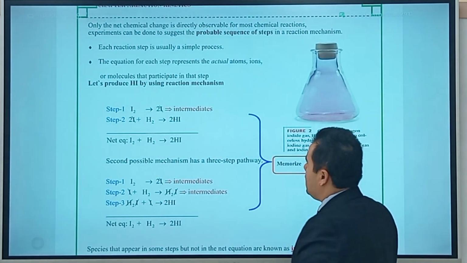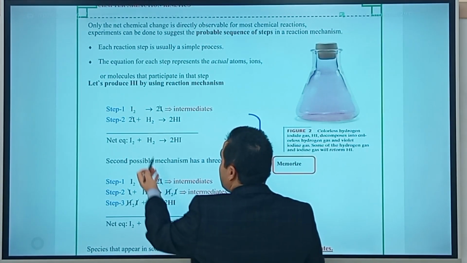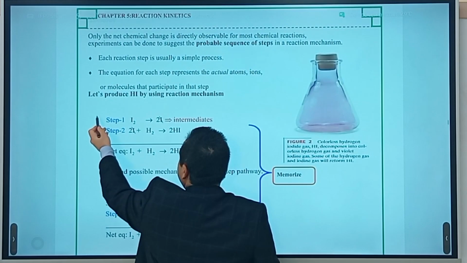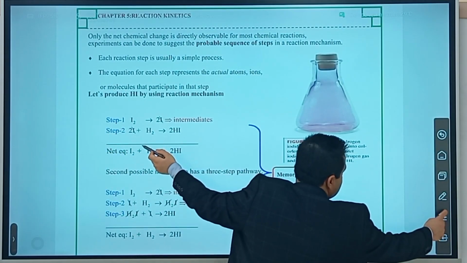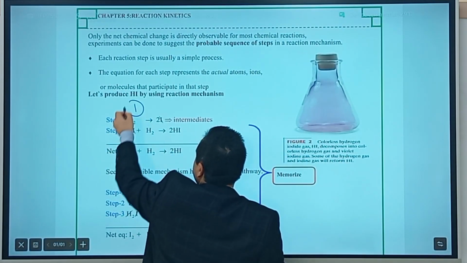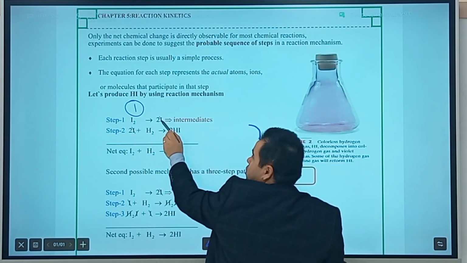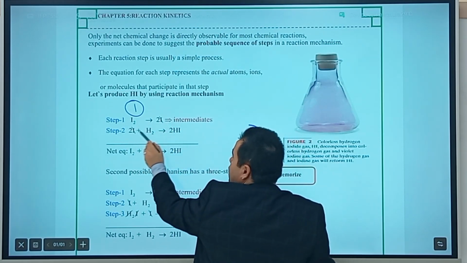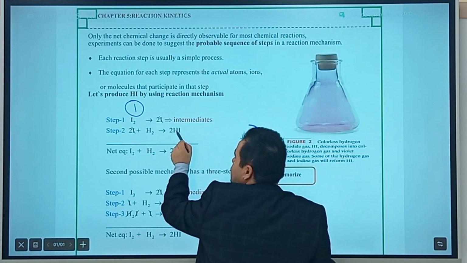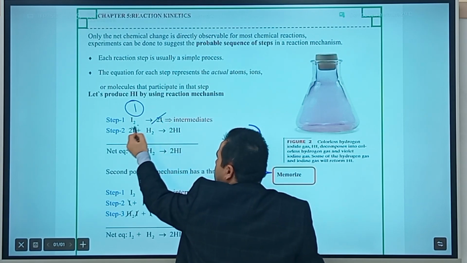Let us do the steps, guys. Step 1 and step 2, this is the first mechanism. I2 changes to 2I, and then 2I reacts with H2 to form 2HI. Here the 2I cancels with the 2I.